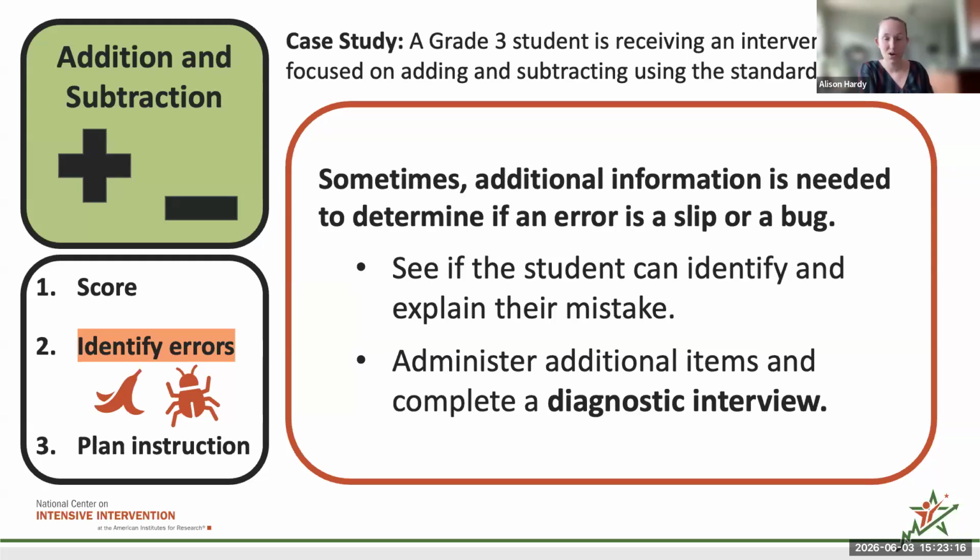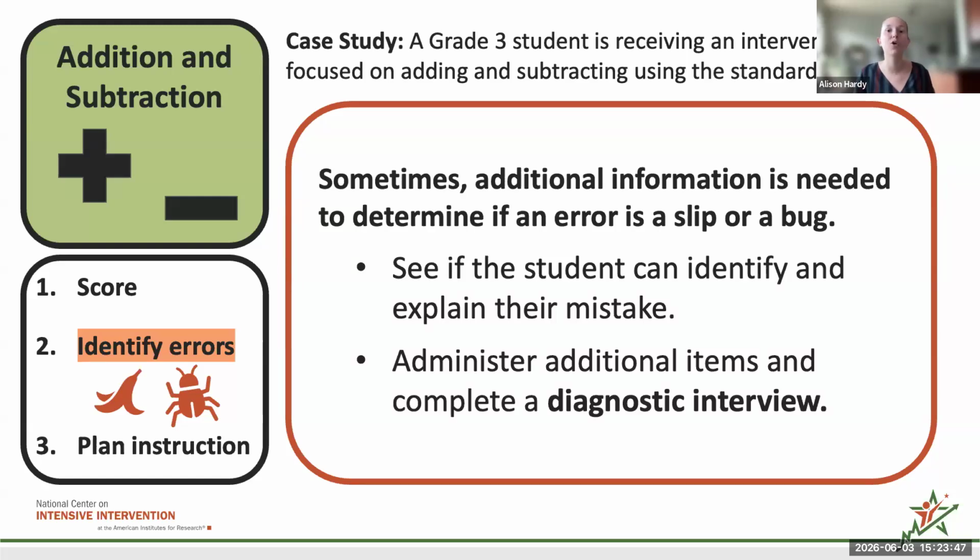And if they can, we know for sure it was just a slip, and we can ask them to maybe work a little bit more slowly or be a little bit more careful about checking their work. We could also administer additional items and complete a diagnostic interview. So we could write a very similar equation, have students begin solving it in front of us, and then ask them questions such as, what's the first thing that you need to do?